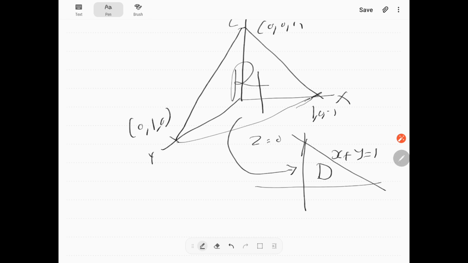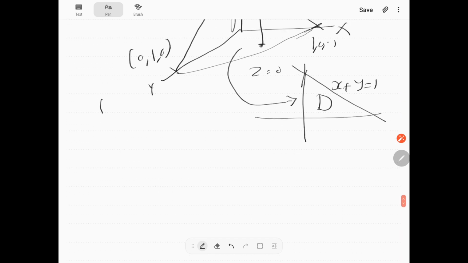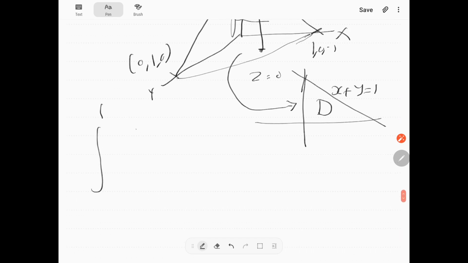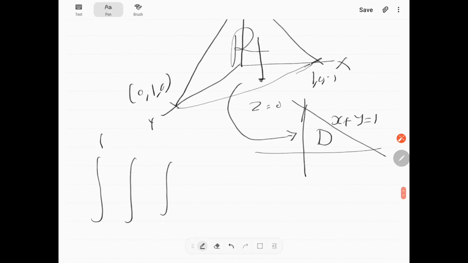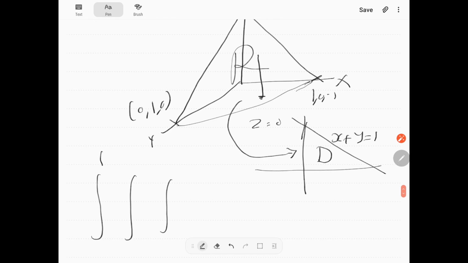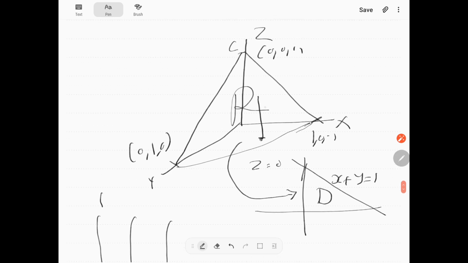Therefore, for evaluating the triple integral, we need the limits for z. At the beginning, I mentioned that the region R will always be bounded by two surfaces, u1 and u2. Here u1 is z is 0 and u2 is this plane x plus y plus z is equal to 1. From this, the value of z is 1 minus x minus y.